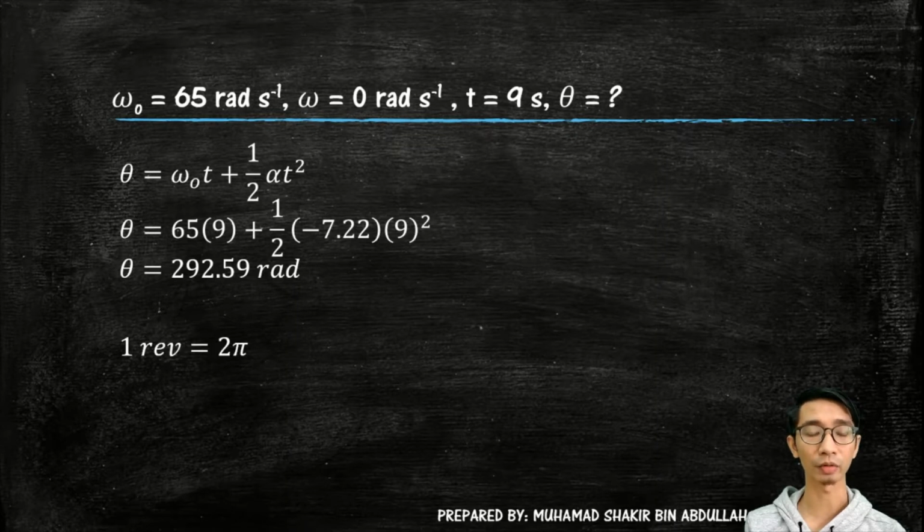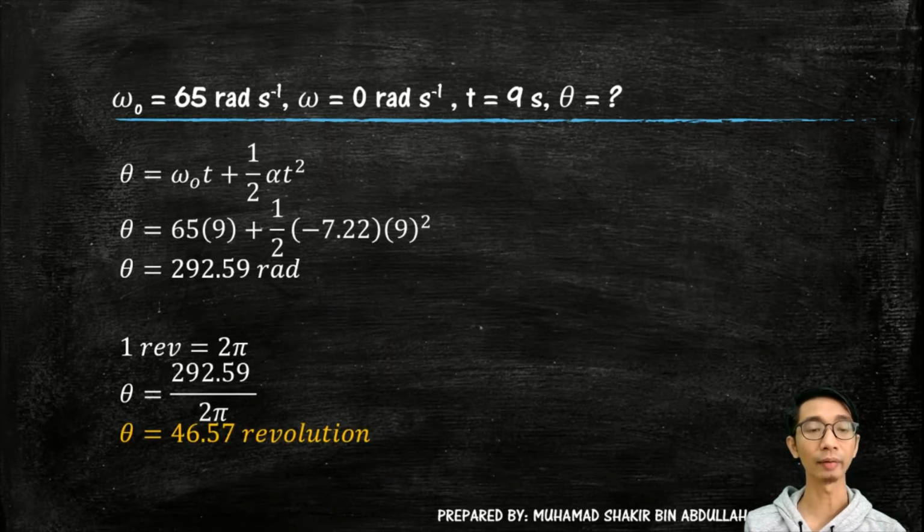Based on this, we can convert: 292.59 divided by 2 pi to get our revolutions, which is 46.57 revolutions. This is the final answer in terms of how many rotations. Revolution and rotation are the same thing: how many circles or cycles the fan makes before it stops, which is 46.57 revolutions or cycles.